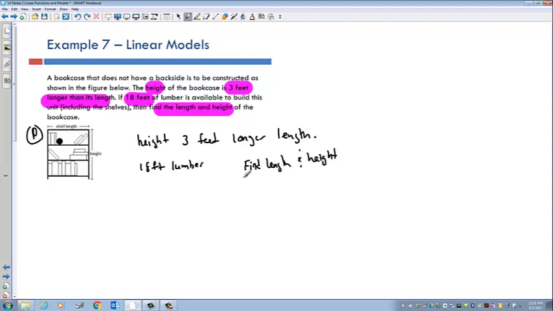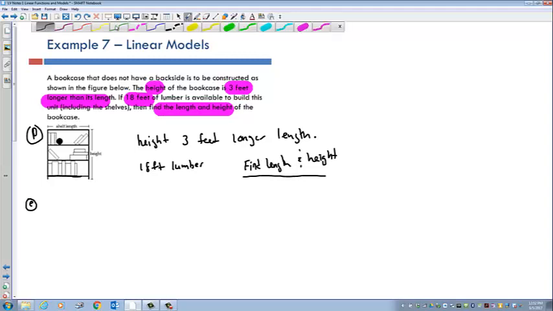So for my equation, I need to do a little bit of work here. You can label some of the sides, and it's easy to label. The horizontal stuff we're just going to call X. So let's get some color in here. I have 4 horizontal things. I had to build 4 horizontal shelves, and they're all X. So X, X, X, and X. And then I have to build 2 sides to the shelf.